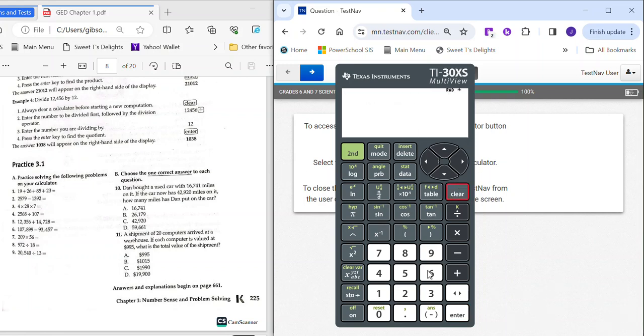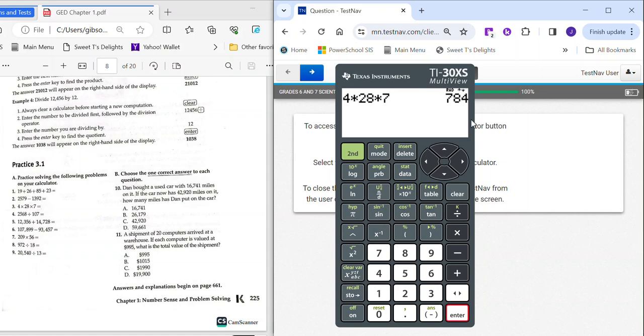So we'll clear it. We'll do 2,579 minus 1,392 and press enter. So you'll get 1,187. And now we can clear it. We can do 4 times 28 times 7.